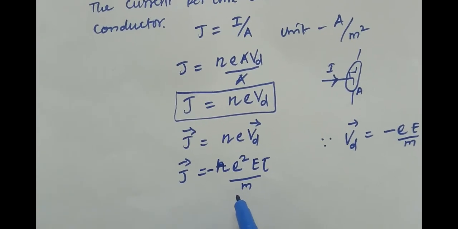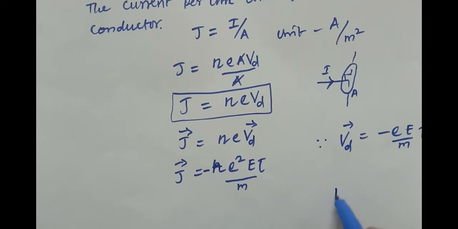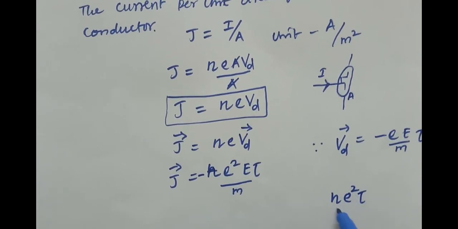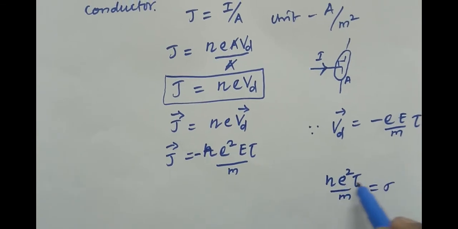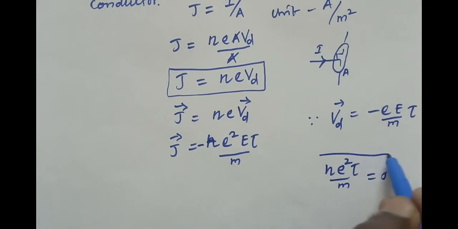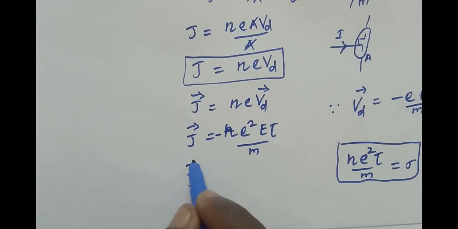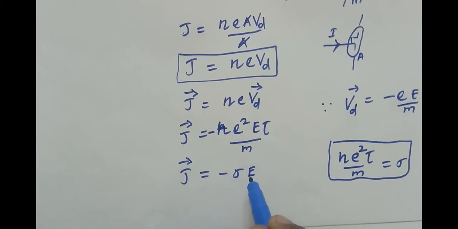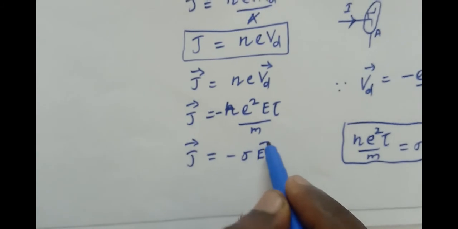Now n e square tau divided by m is nothing but sigma. Now substitute here. J vector is equal to minus sigma into E. Electric field is also a vector quantity.